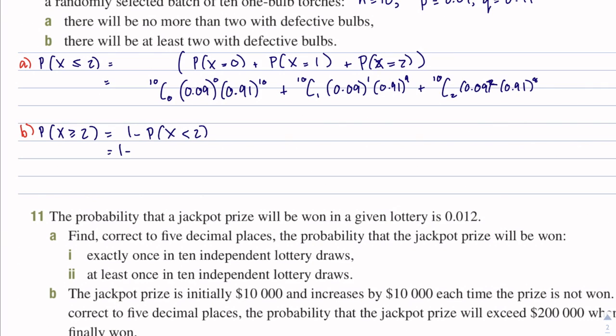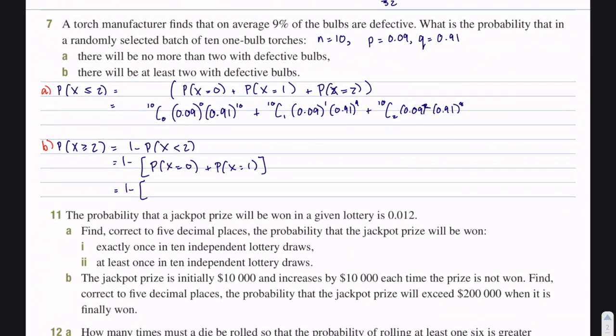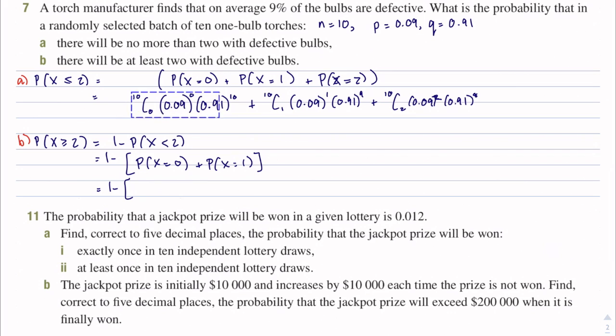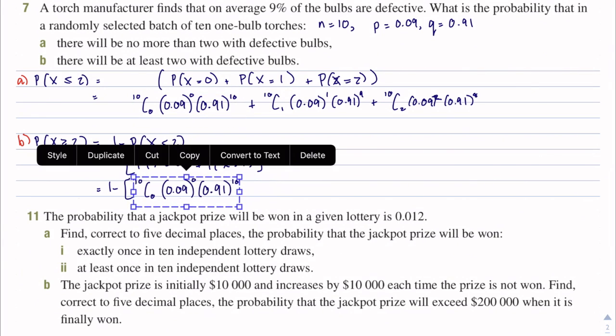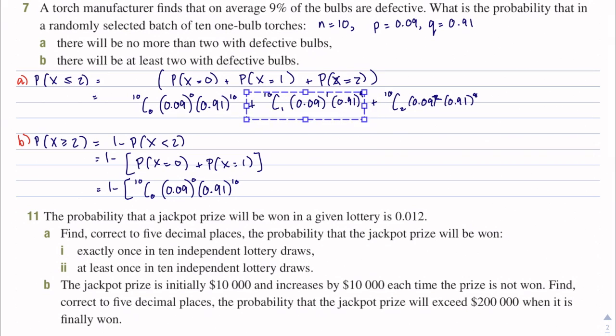So it's 1 minus the probability of X equaling 0 and the probability of X equals 1. So we've got 1 minus, X equals 0 is, I'm not going to rewrite this, I'm going to copy it in. That one. X equals 1 is this one.